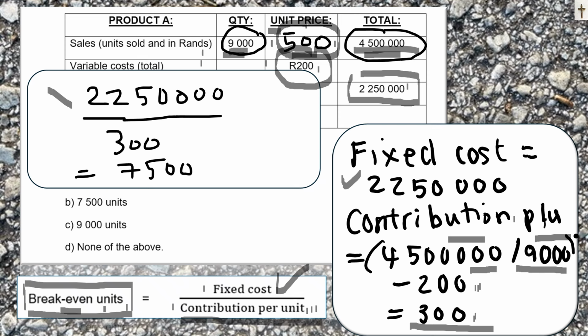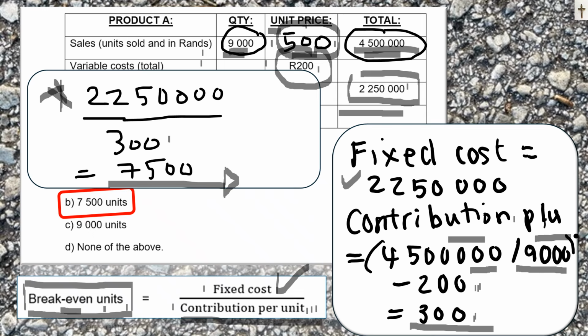And then we say the fixed cost, which is given, 2.250 million, divided by the contribution per unit is equal to 7,500 units. So the break-even units, according to the information given, is B, 7,500 units.